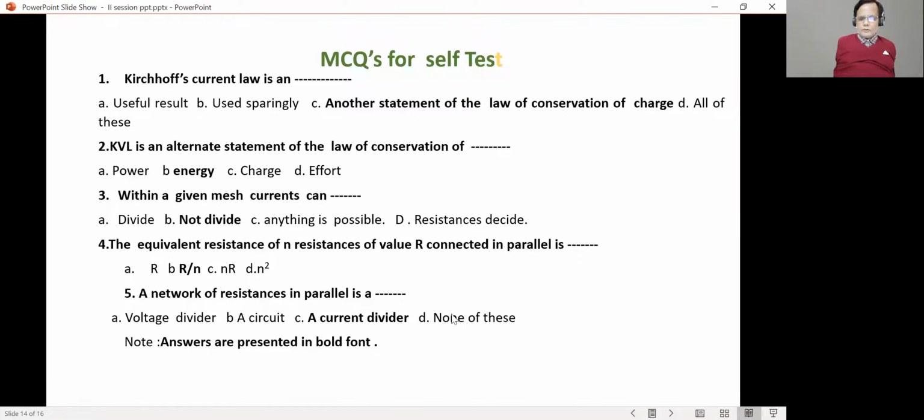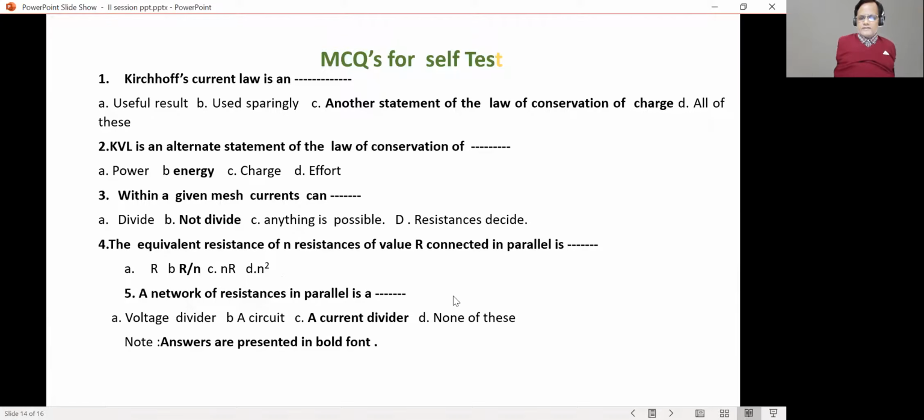I have brought in two more questions which don't exactly belong to this particular topic but are an essential part when we solve networks. The equivalent resistance of n resistances of value R connected in parallel is, this is the first such question.